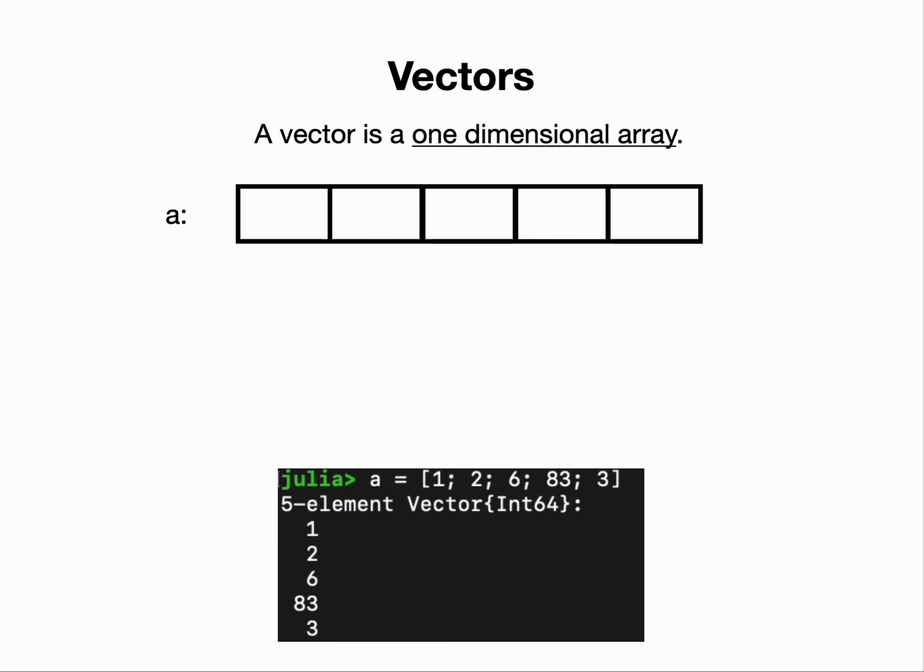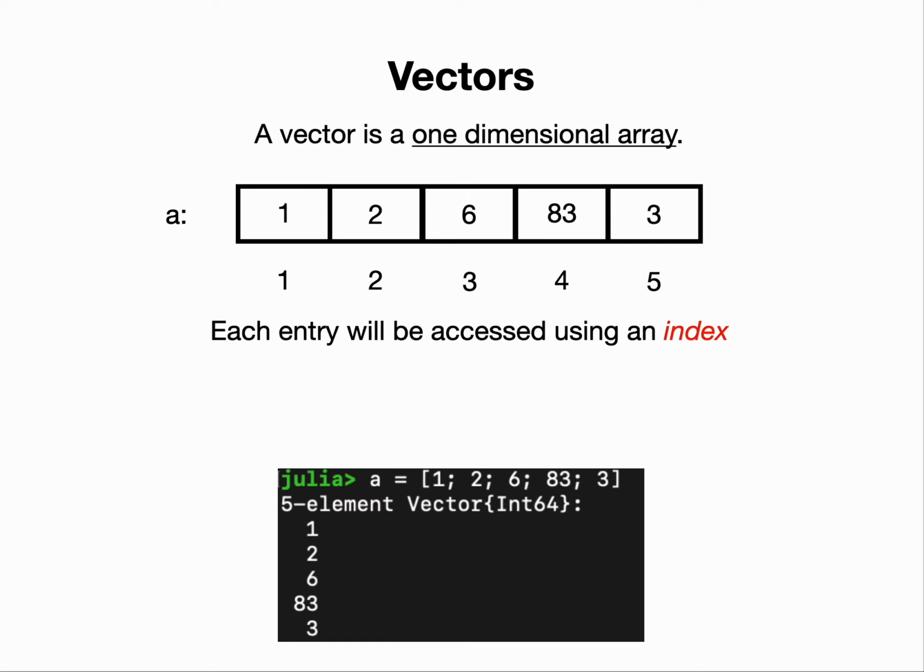The specificity of the vector is that it contains multiple numbers or multiple pieces of information. When you want to access an entry or the information inside the vector, you will use an index. That's very important.